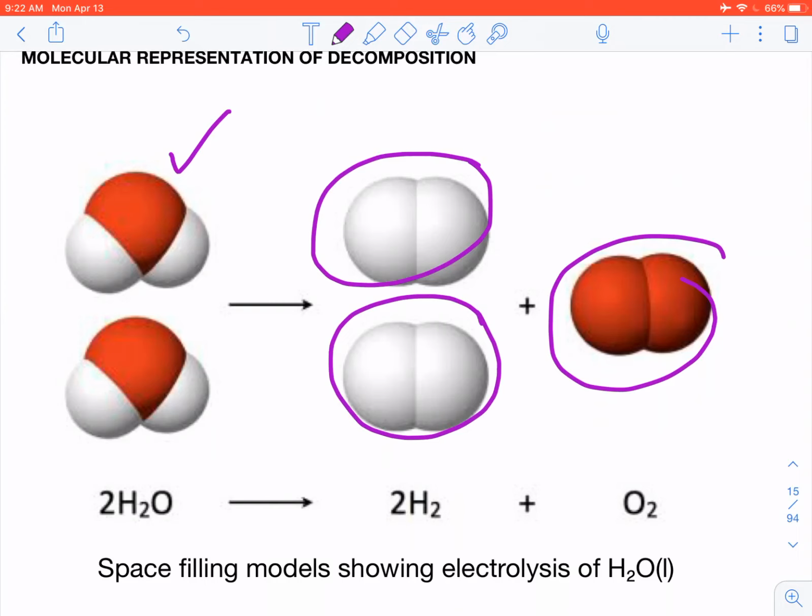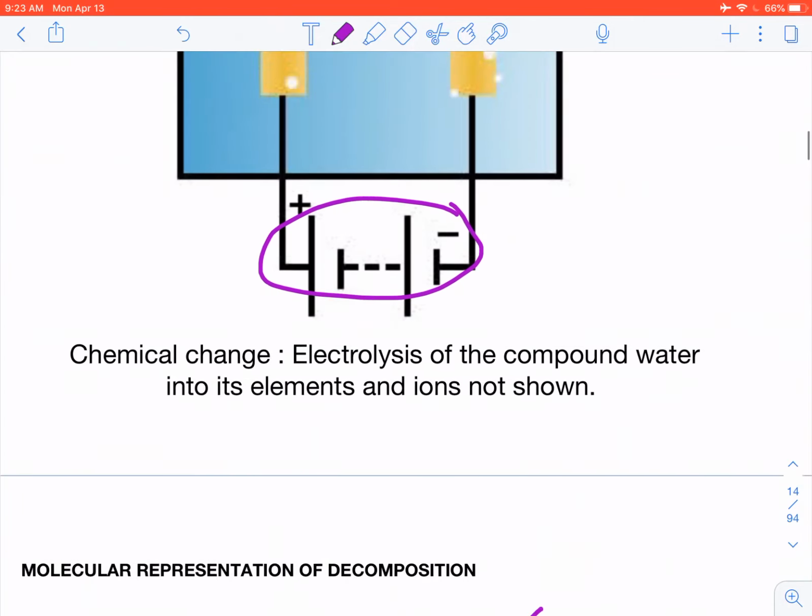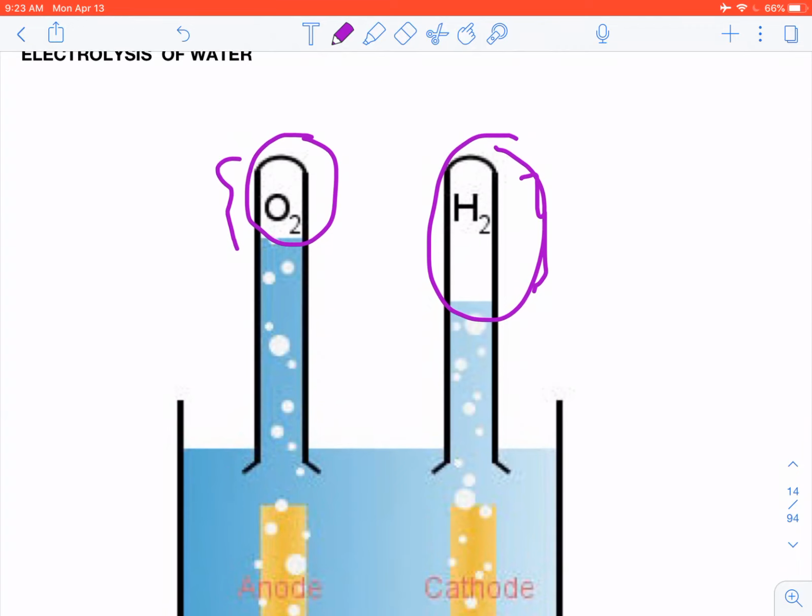Here, in a chemical reaction, we get a completely different substance. Hydrogen is a completely different substance to water. Oxygen also is a different substance. Oxygen has its own properties and hydrogen has its own properties. But look even at this equation I illustrated. We have two hydrogen molecules and one O2, and I'm trying to relate it to the volumes we have here.